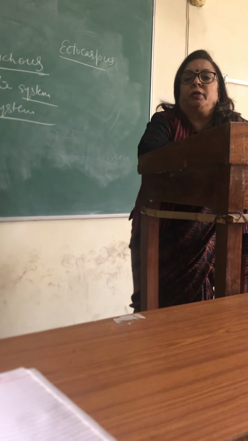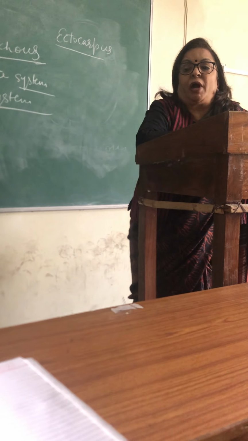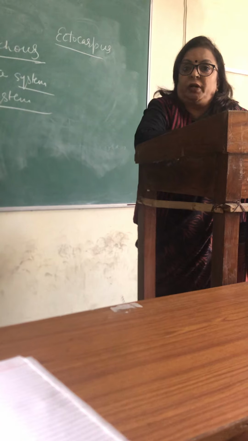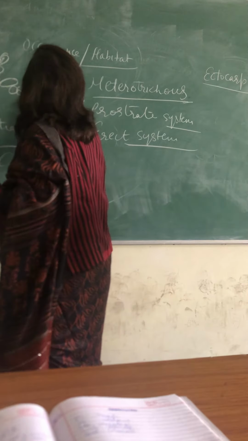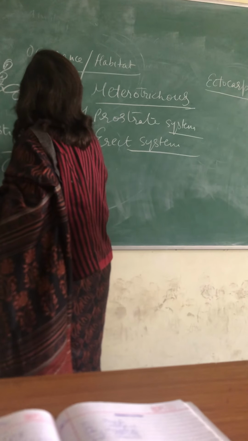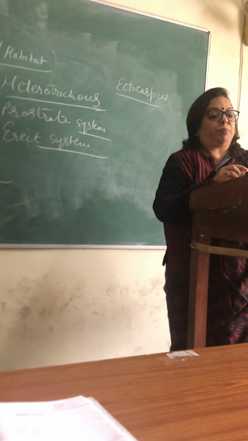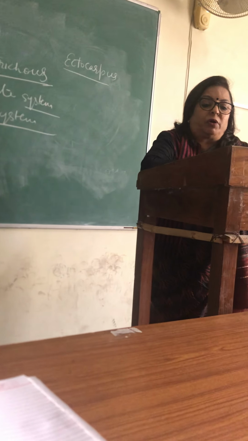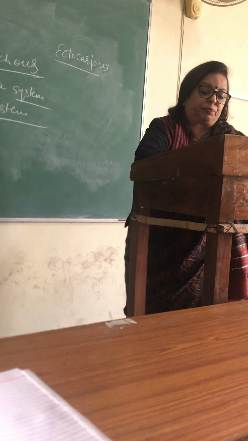Up to 6 we say hexagonal in shape, like this. This is hexagonal shape. So cells in the prostrate system can be hexagonal, or in other words polygonal in shape.